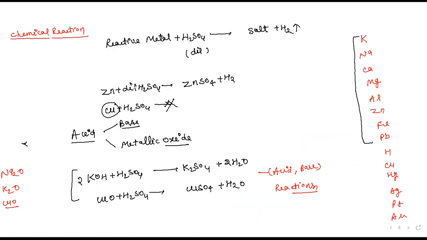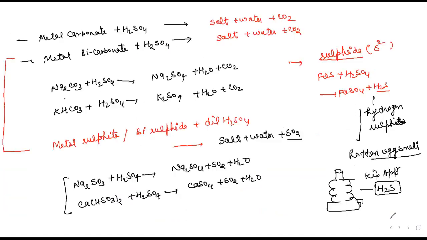Then, beta, there are some chemical reactions: when dilute acid reacts with an active metal, we get hydrogen gas. That is a very common process. Then the neutralization reaction we know. When a metal carbonate reacts with H2SO4, it gives CO2, and when a metal sulfite reacts it gives SO2. But when a metal sulfide reacts, it gives H2S gas, which has a rotten egg smell.